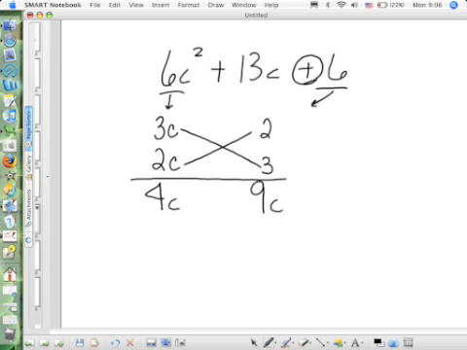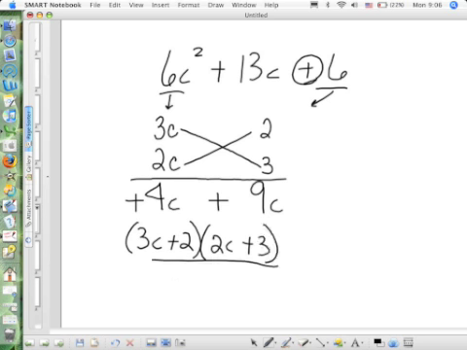Now do those add up to 13? Does 9 plus 4 add up to 13? Yes. And to get plus 13, they must both be plus. Annalise, you're not supposed to see if they add up to 13 until after you cross multiply. After you cross multiply. Okay?